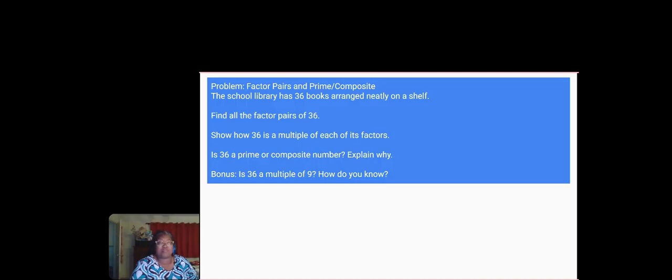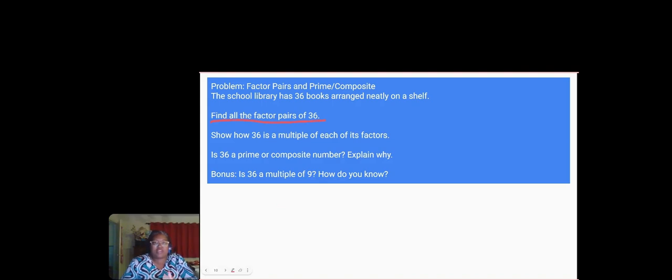And then for a bonus question, we're going to look at: is 36 a multiple of 9, and how do we know? So let's take this one step at a time, and let's start with the first problem, which is find all the factor pairs of 36.